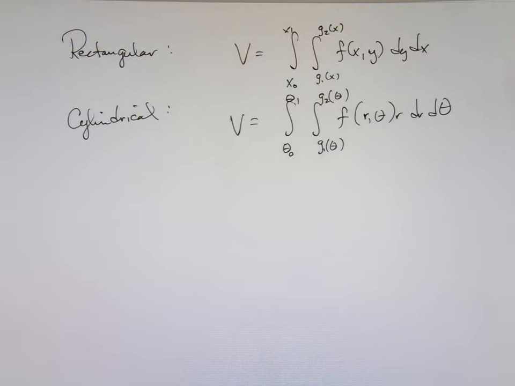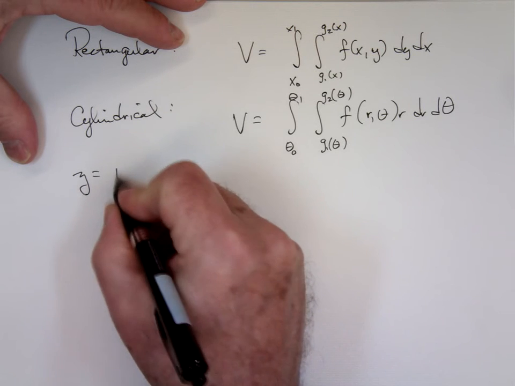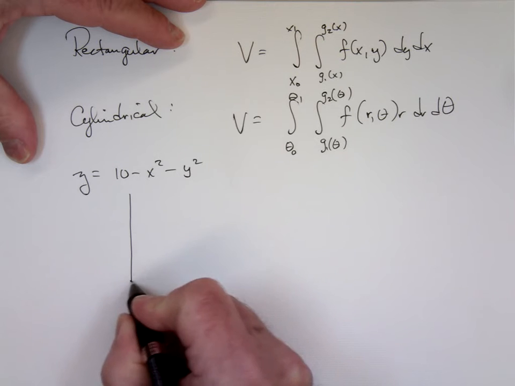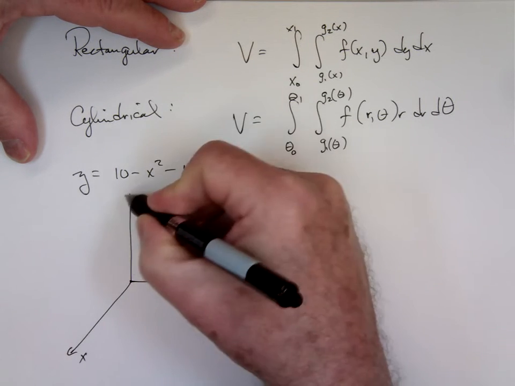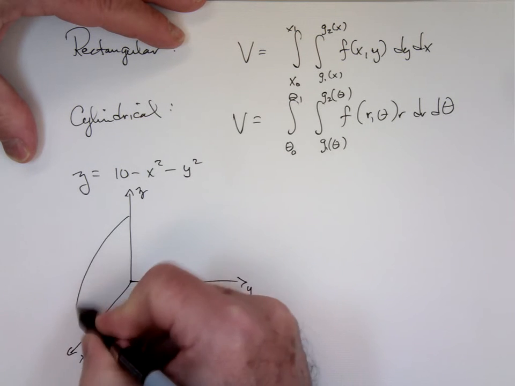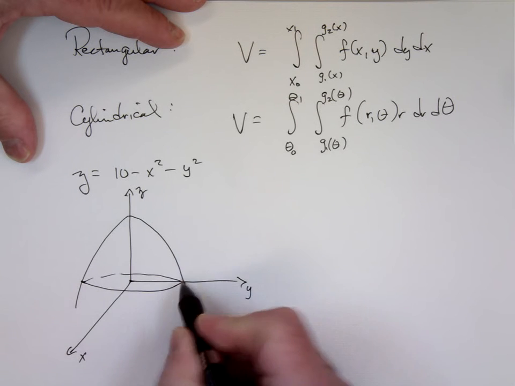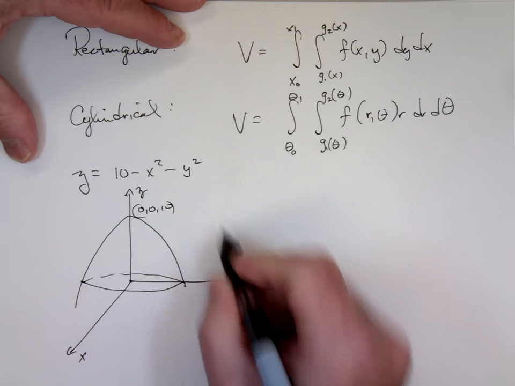Let's take a look at the paraboloid problem. Let's find the exact volume underneath that paraboloid. Here we go. In rectangular, we had 10 minus x squared minus y squared. Then this circle, the circular base, we had this.